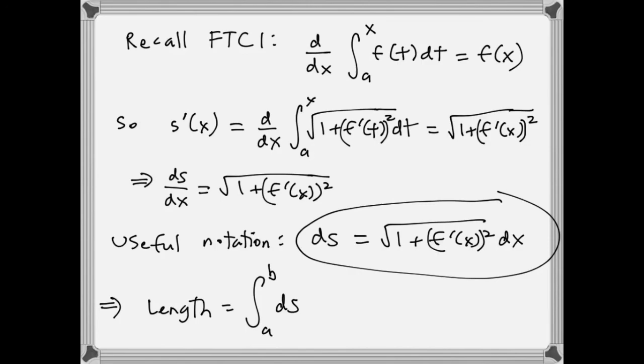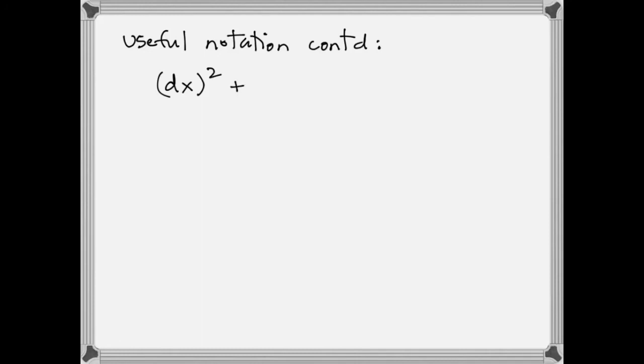What is another useful piece of notation? This is a way that it can help you remember it. So another note, more useful notation. I want you to think in your mind that dx squared plus dy squared is equal to ds squared. Okay?